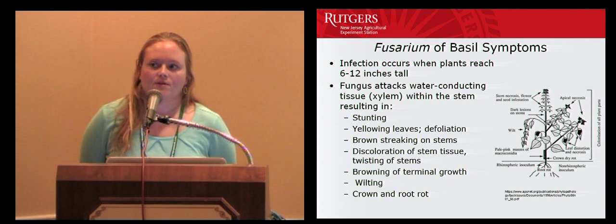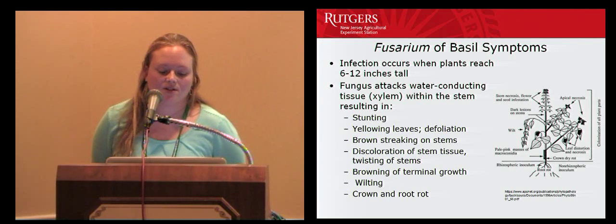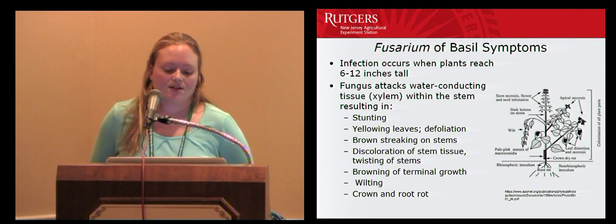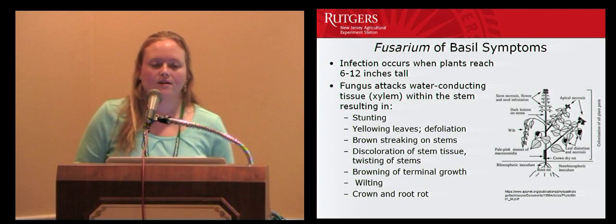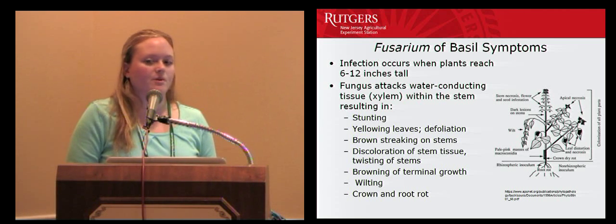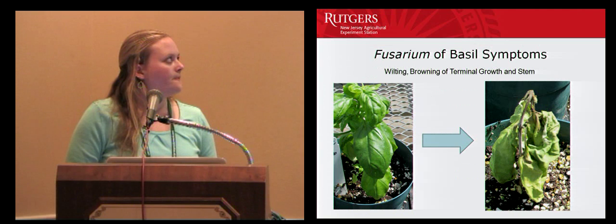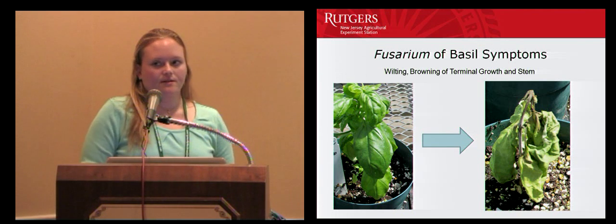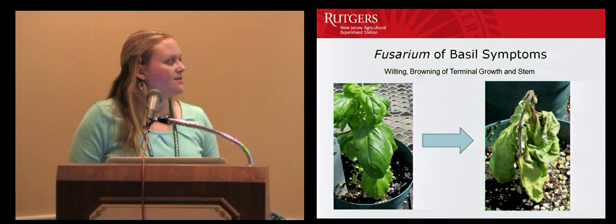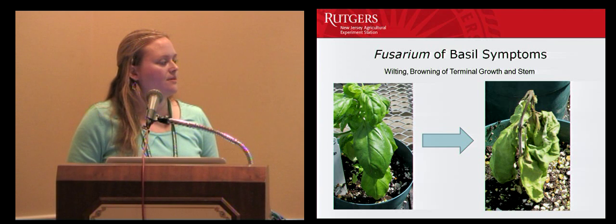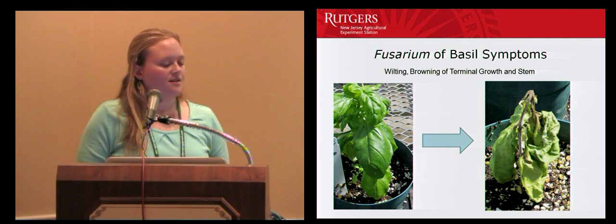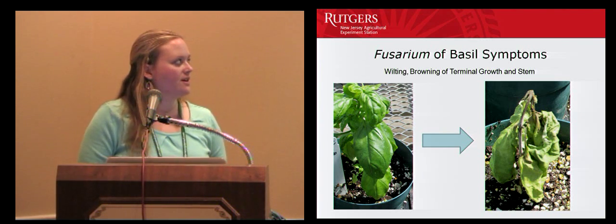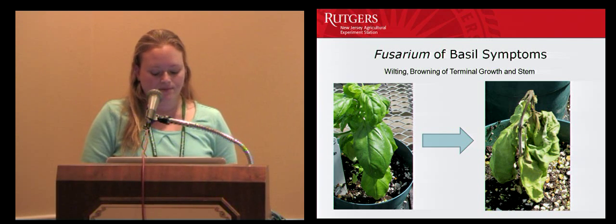Also results in yellowing leaves, defoliation, discoloration of the stem tissue, and also a rot of the roots and the crown of the plant. So this is a picture of the common symptoms. As you can see, the stem is browning, it's stunted, and it's wilted compared to the healthy plant on the left.